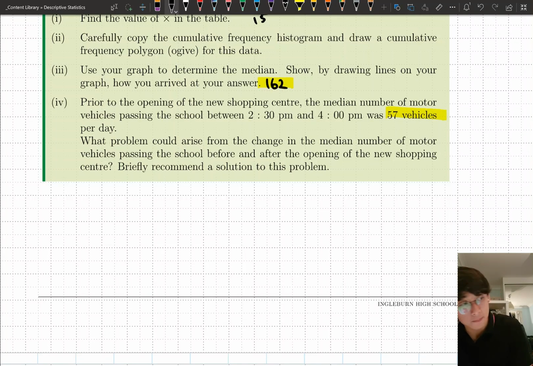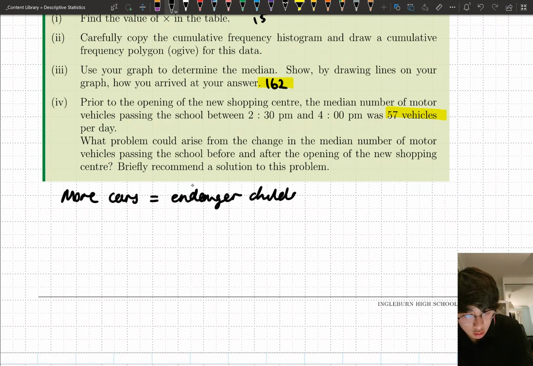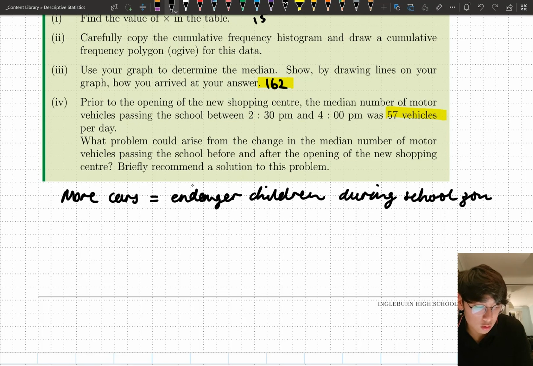So here, I'm just going to write: more cars equal endanger children during school zone time.